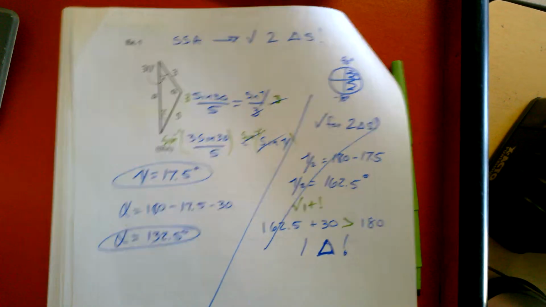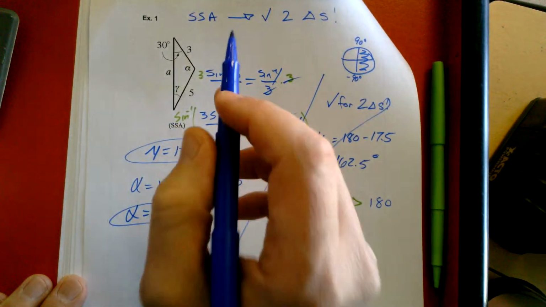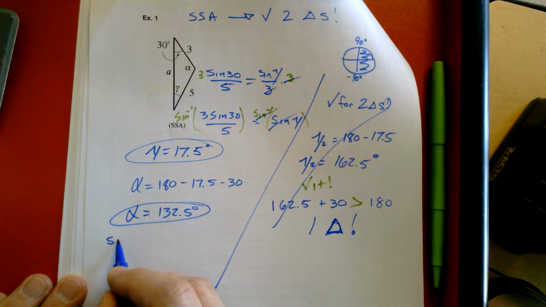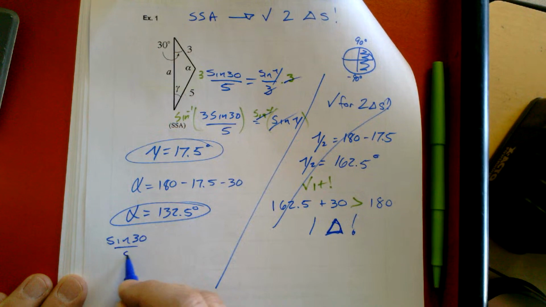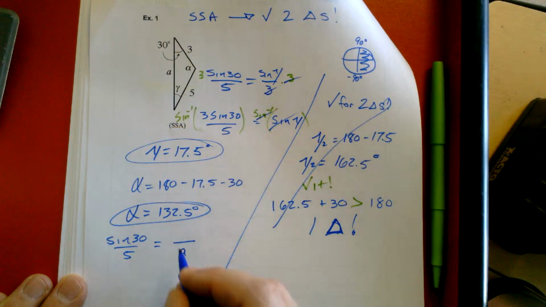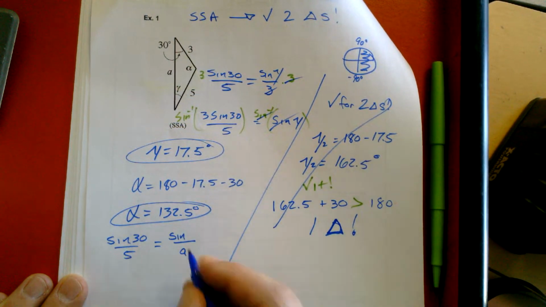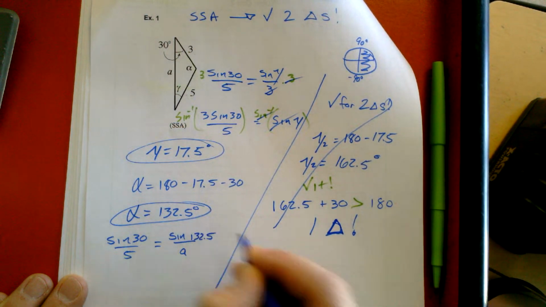All right, so that's where I bust out the old law of sines again. I always like this guy right here that I started with, so I'll use that, the sine of 30 over 5. I still need to find the missing side, which is a, and across from a is alpha, what we just found, which is 132 and a half.